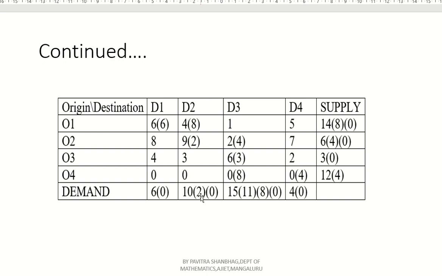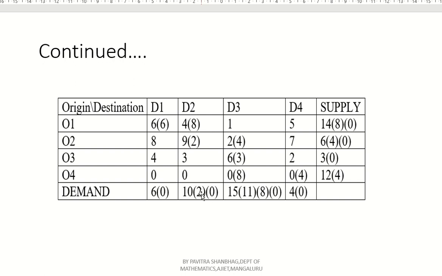Now come to the first row, second value. Demand is 10 and supply is 8. The minimum of 10 and 8 is 8. Assign that here. Now there is no supply left. Cancel this row, you should not consider it for further calculation. At the same time subtract this 8 from the demand, 10 minus 8 gives 2.